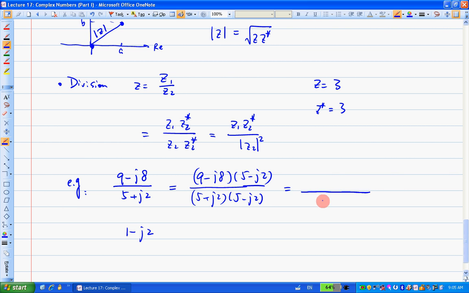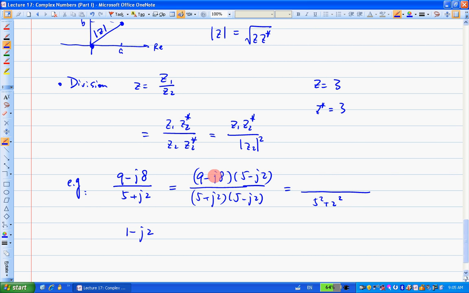The bottom here is 5 squared plus 2 squared. You don't need to multiply these together. Whenever you see a complex number multiplied by its conjugate, you can simply write down the real part squared plus the imaginary part squared.